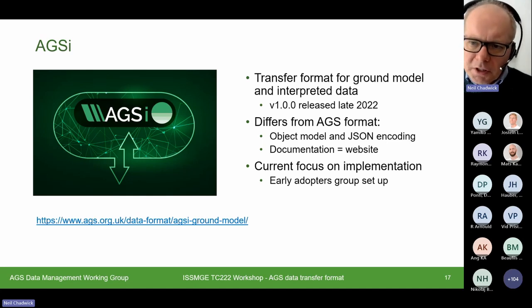It does differ quite significantly from the AGS format in that it uses a more up-to-date object model approach and JSON encoding, and the documentation is basically a website. Our current focus there is very much on implementation, both in terms of projects and in software. We do have an early adopters group set up, and if you're interested, you're most welcome to reach out and get involved with that.